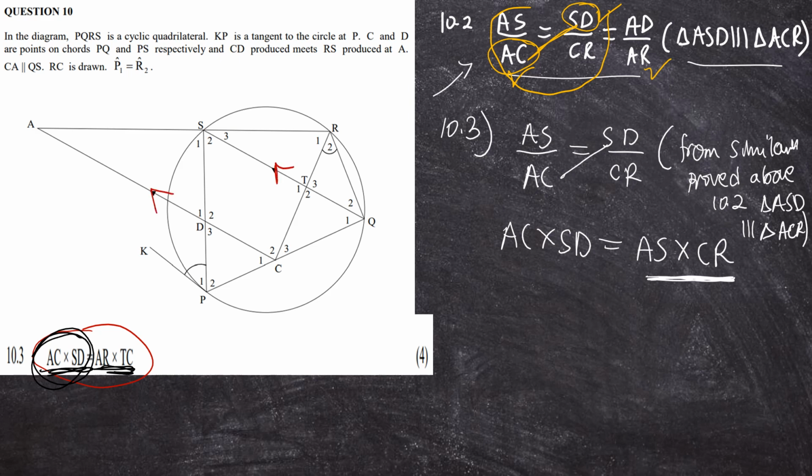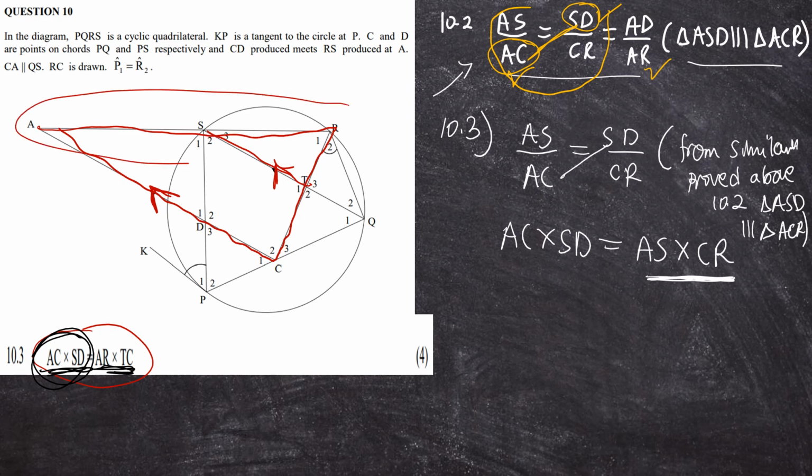Can you see that we can use the proportionality theorem that we learned in grade 12, right? That says if there's a line drawn parallel to one side of a triangle, that line will divide the other two sides such that the ratio of this side and this side will be the same, or proportional.